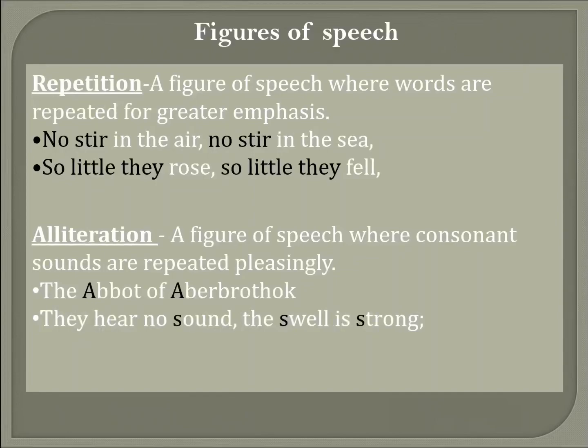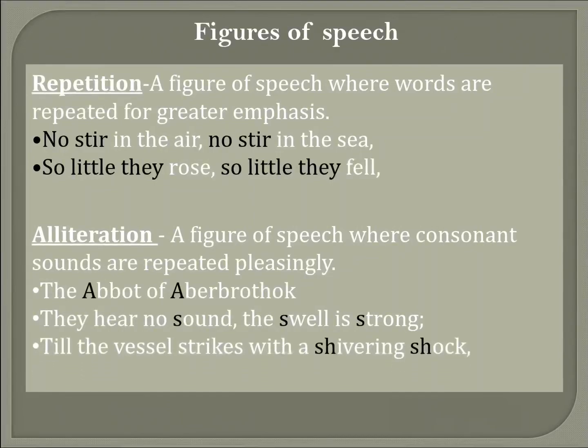In this line, the sound of S is repeated. Till the vessel strikes with a shivering shock. In this line again, the sound of S is repeated. And the last example of alliteration is Sir Ralph the Rover, where the sound of R is repeated.